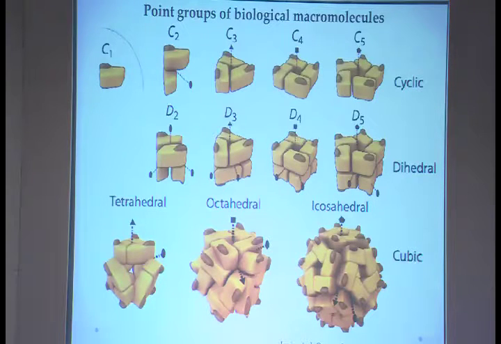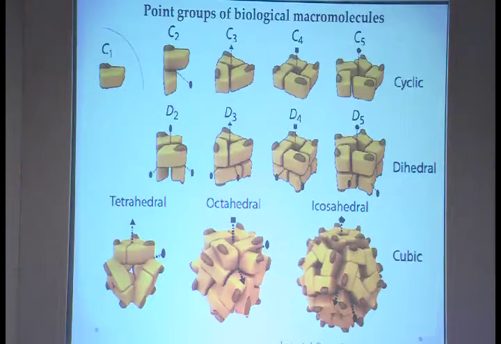So the next relatively complicated point group. These are the simplest point groups, from C1 identity, so you have a 2-fold rotation, 3-fold rotation in your biological macromolecule, 4-fold, 5-fold, et cetera, 9-fold, 11-fold, 12-fold, etc. Now, dihedral point groups are slightly more complicated than cyclic point groups.